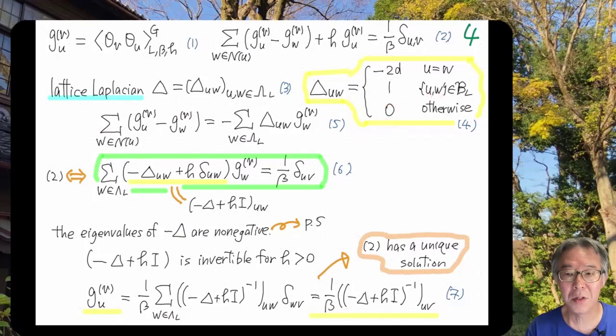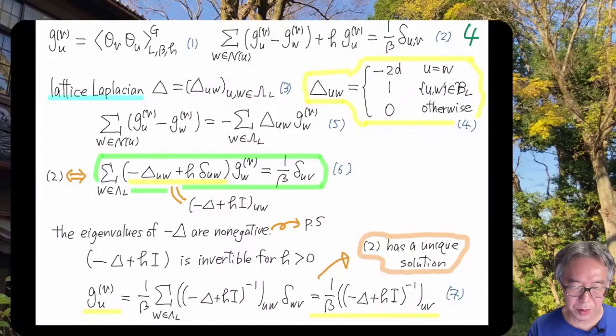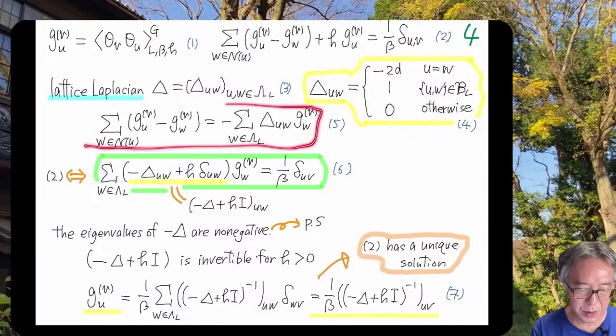You can easily convince yourself that this is a lattice version of your familiar Laplacian, which is sort of the second derivative. Then you can easily verify this relation by simply considering this summation and comparing. So this is just easy. You can just rewrite this by using this Laplacian like this.